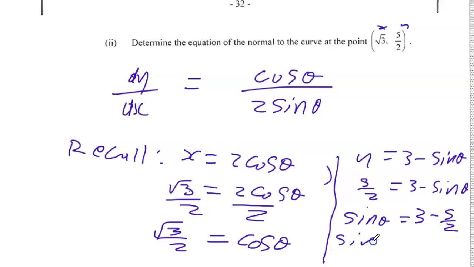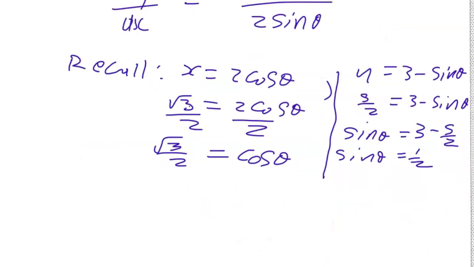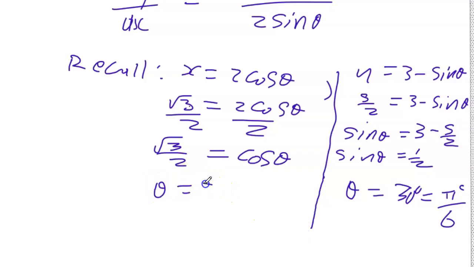So sine theta is half, which means that theta would be 30 degrees. Or you say pi upon 6, right? If you're going to convert it to radians. Same here, if cos theta is root 3 upon 2, then theta is the same 30 degrees, right? Or pi over 6.